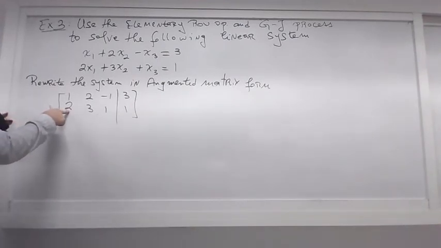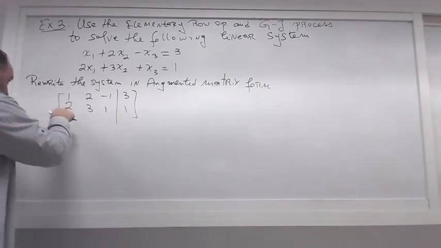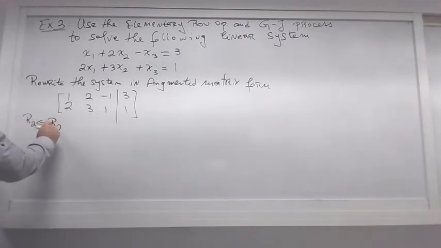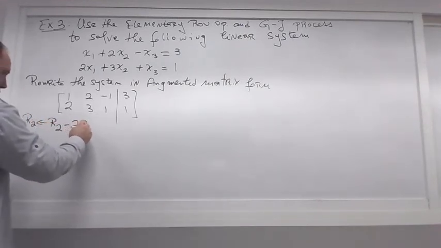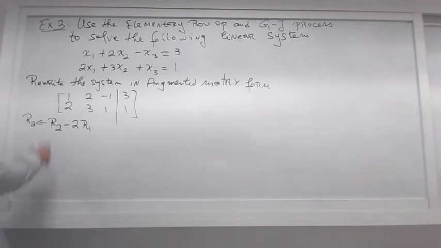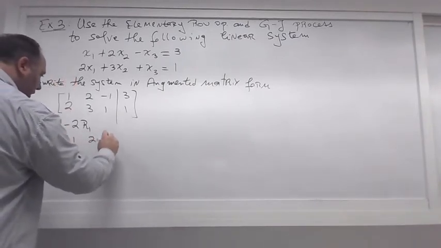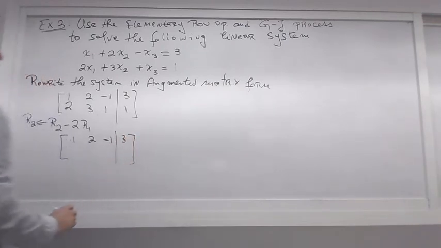Okay, so I want to produce 0 here using my elementary row operation, and Gauss-Jordan tells me to produce 0. So row 2 needs to be replaced by row 2 minus 2 times row 1. That's why 1 is useful. It's easy to work with. So the first row doesn't change, so I copy it carefully so I don't make any mistakes.